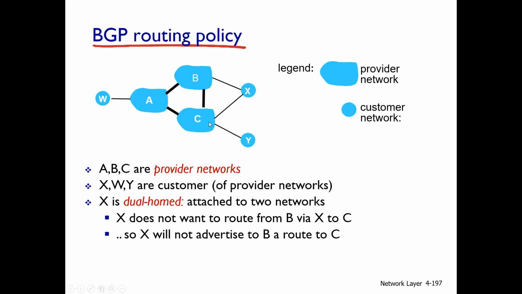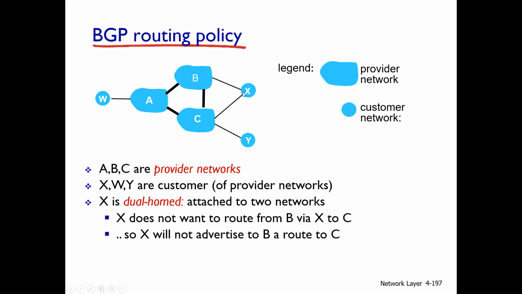It's attached to two provider networks, so it's attached to both B as well as to C. Now, the question is that X would like to receive traffic from the provider network B. It would also like to receive and transmit traffic to provider network C. Same with provider network B. But X does not want to be a transit for traffic between B and C.